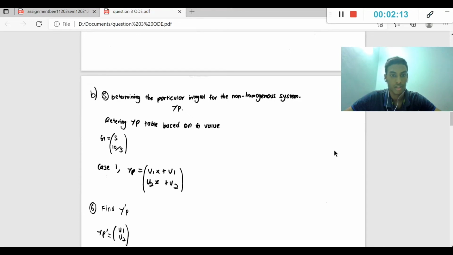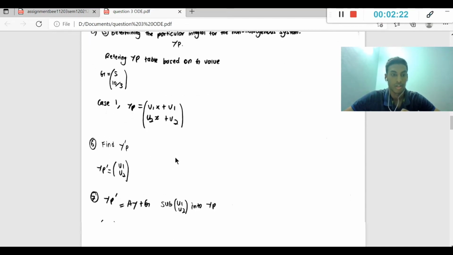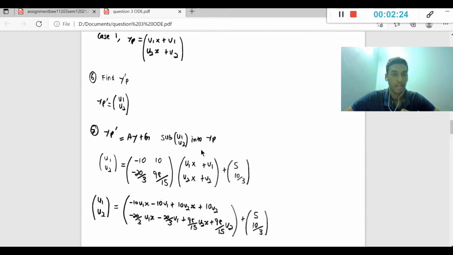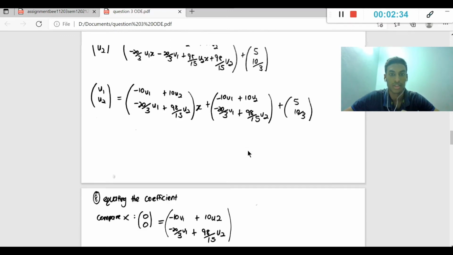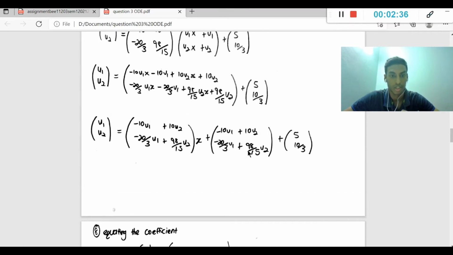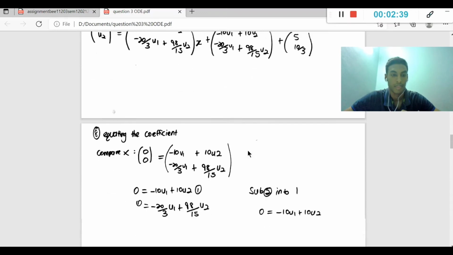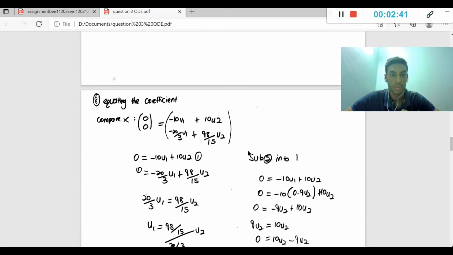By referring to the YP table, using this G value, we can say that this is the case 1 equation, and then we have to substitute this U1 and U2 into the equation of YP. So this is the calculation for the substitution method.